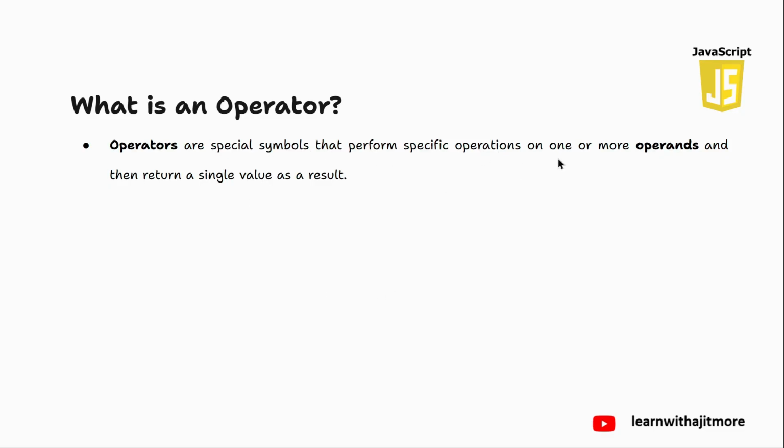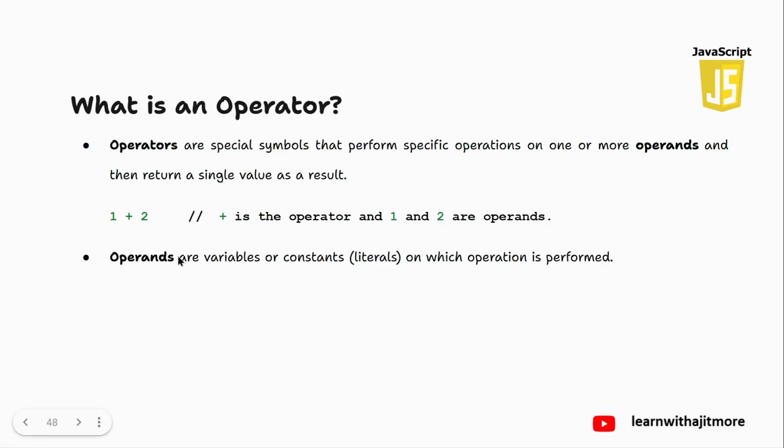They perform a specific operation on one or more operands and then return a single value as result. Example, 1 plus 2. So in this case, plus is the operator and 1 and 2 are the operands. Okay. So who are the operands? Operands are variables or constants on which the operation is performed. On whom the operation takes place, they are operands.